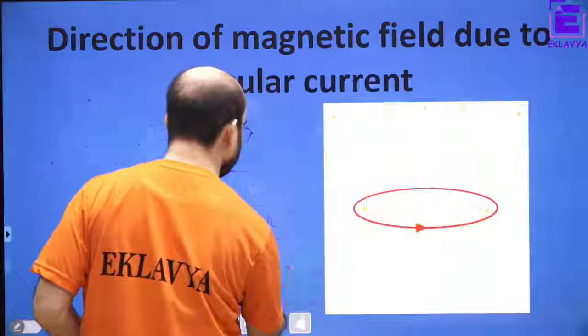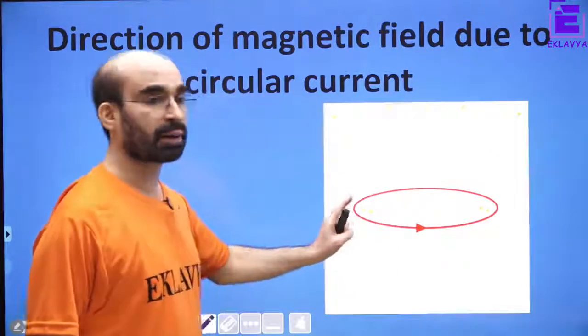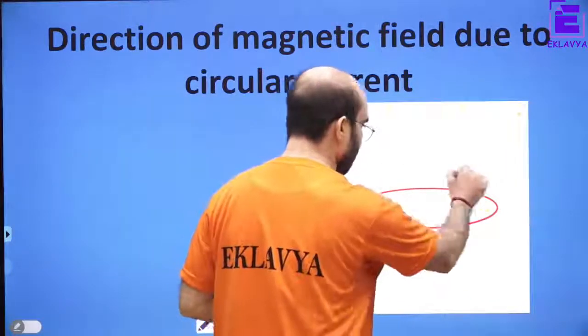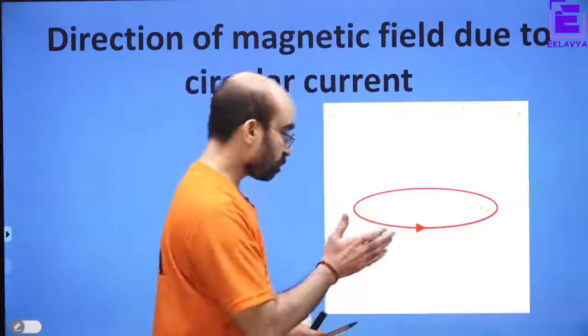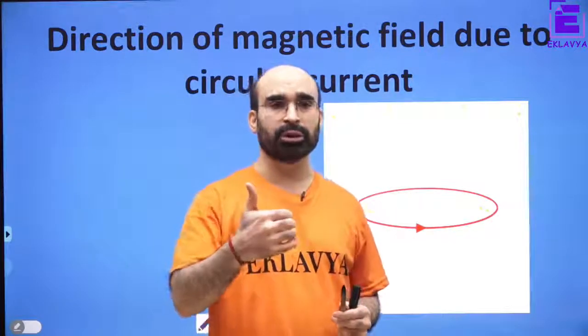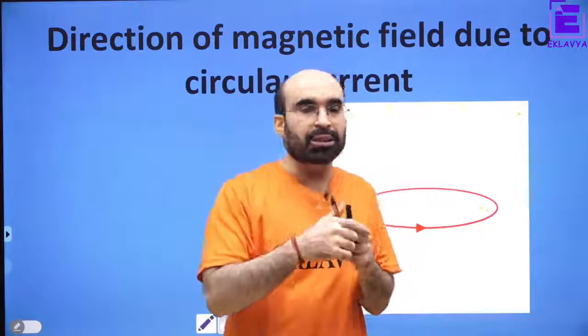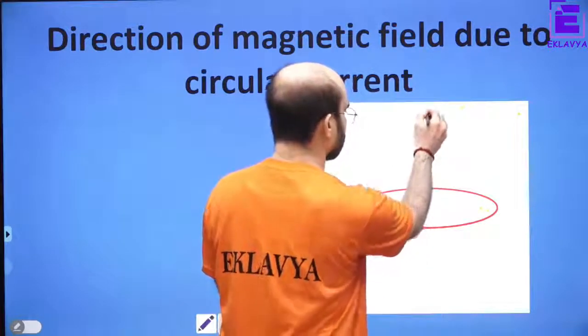One thing that we need to understand. This is the direction of magnetic field. If you have placed this circular current like this, you understand this very simple thing. If you have got the direction along the curl of your fingers, magnetic field at the center, just have a look. At the center it is straight, right?